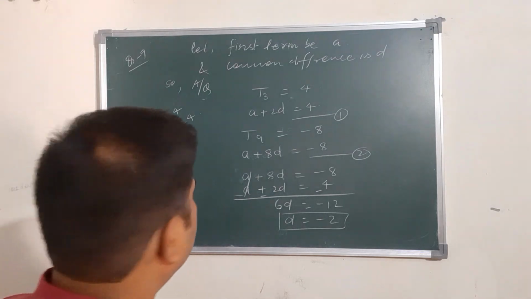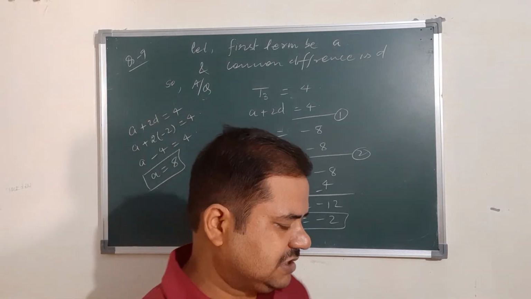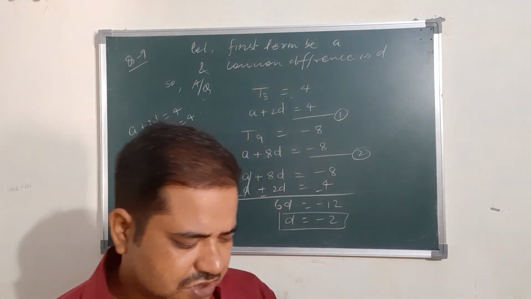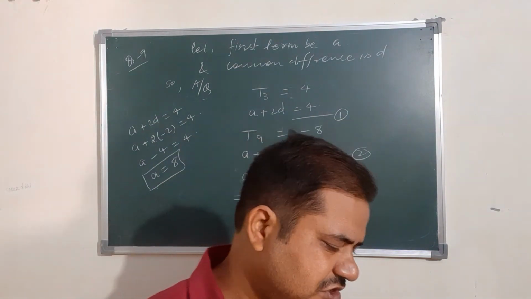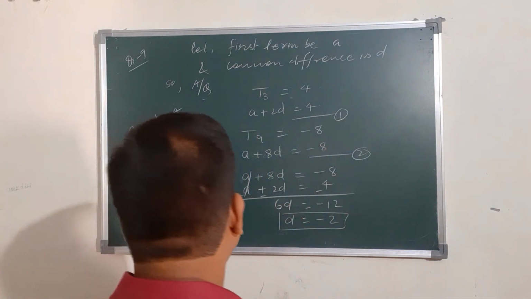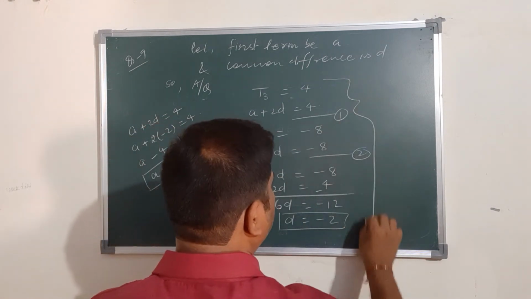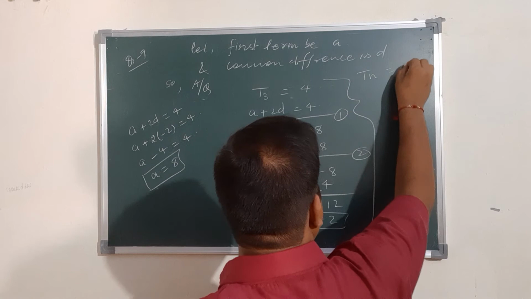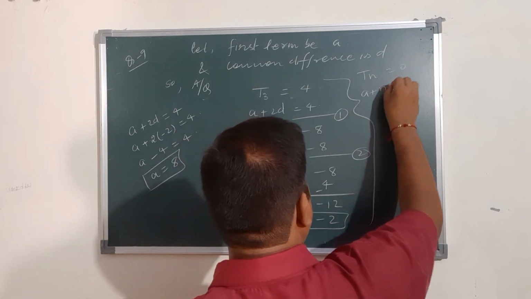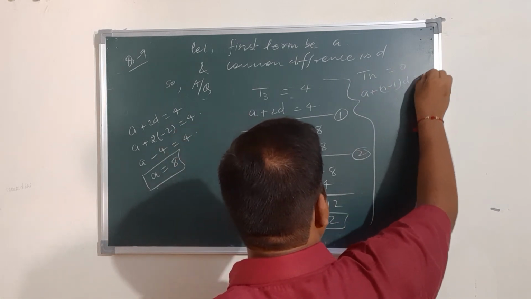So again, we have to find which term is 0. In this question, we had to find which term of this AP is 0. So A is given, D is given. So let Tn be equal to 0. That means A plus n minus 1 into D is equal to 0.